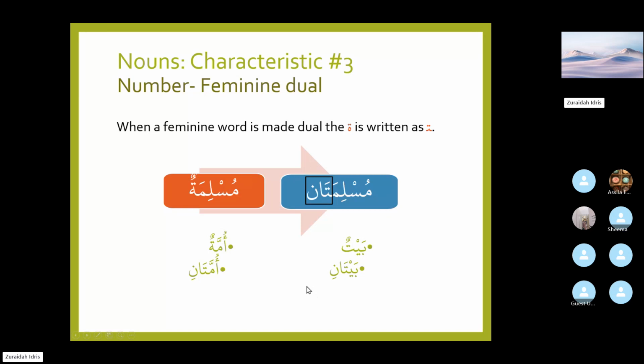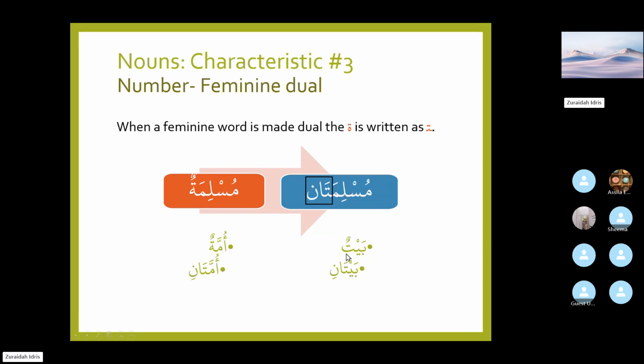Because this is feminine. This is also feminine. But this is masculine. Baitun is masculine. There's no ta marbuta there. And this ta is actually which letter of the kalimah?